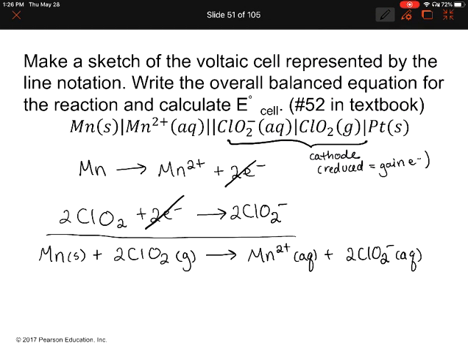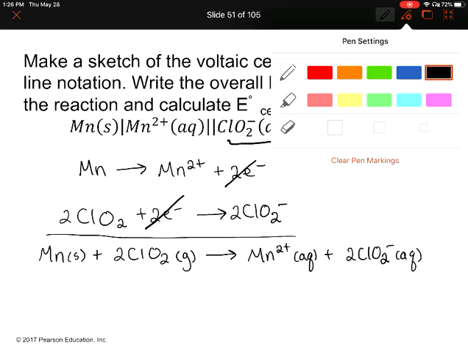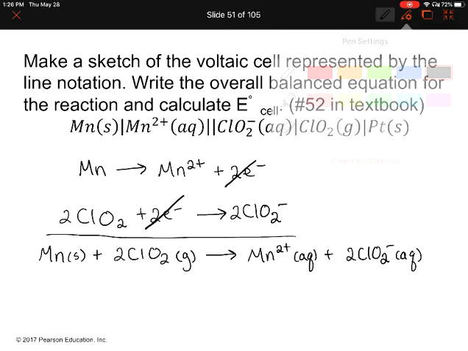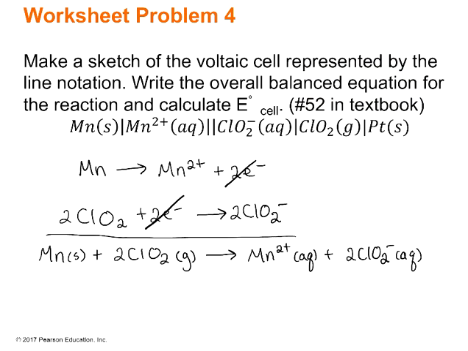All right. So now let's look up the E values, so the potential values for each half reaction, so we can calculate E cell. So in table 19.1, we would find that the E value, or the potential, for the manganese half reaction is negative 1.18 volts.